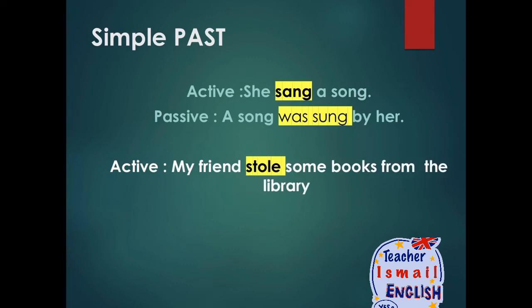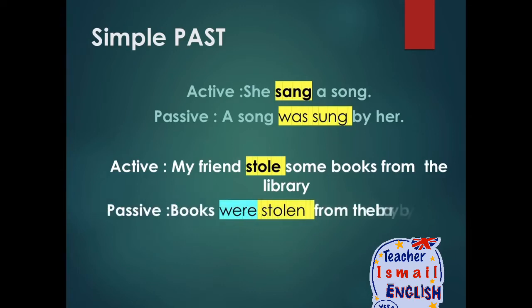Another sentence, my friend stole some books from the library. In the passive, you can say, books were stolen from the library by my friend. According to the two examples that we covered, we are going to come up with the rule.